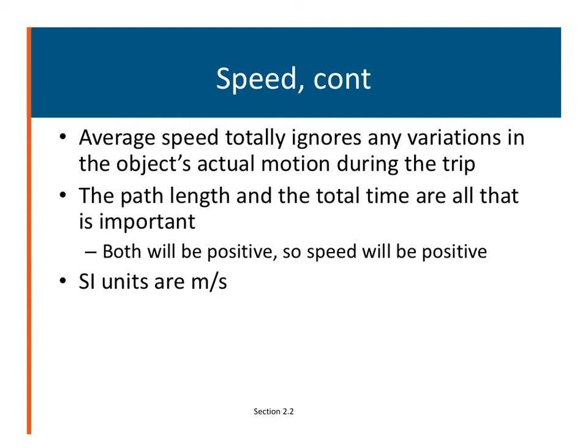Both will be positive, so speed will also be positive. So since the distance traveled is positive and the time that elapses is positive, the quotient of those two quantities will also be positive. And as I mentioned before, the SI units are meters per second, and sometimes we'll even jump up to kilometers per hour.